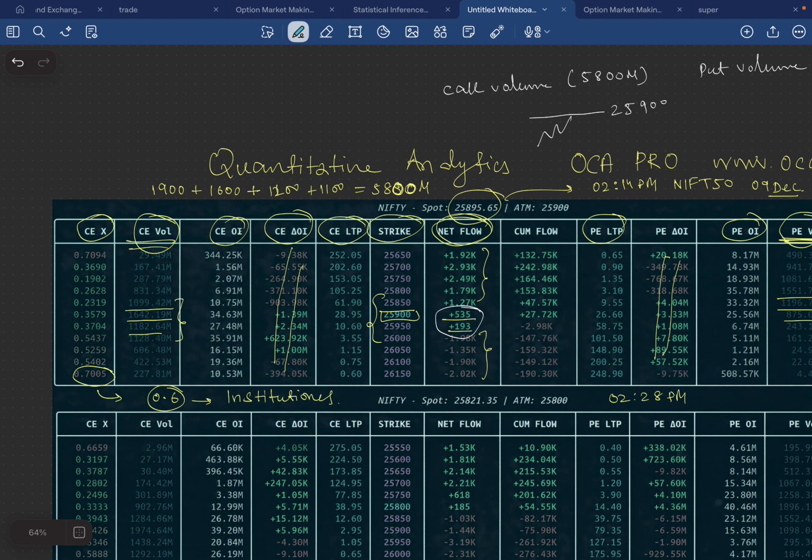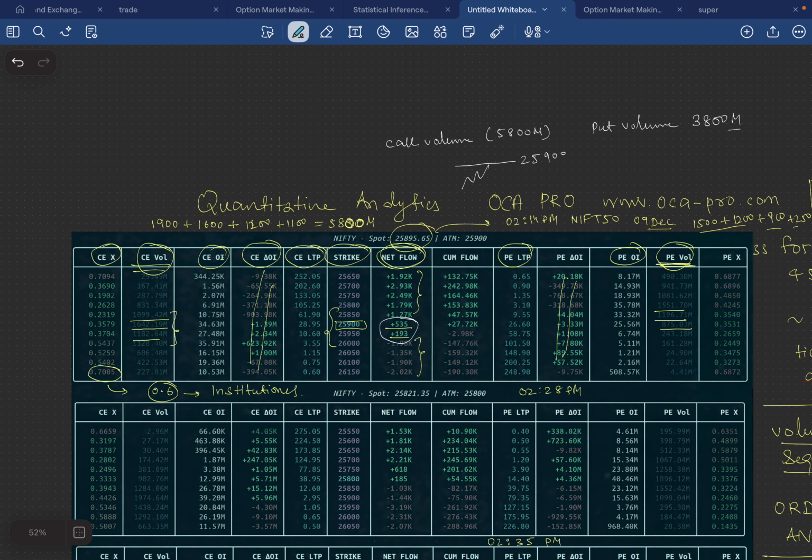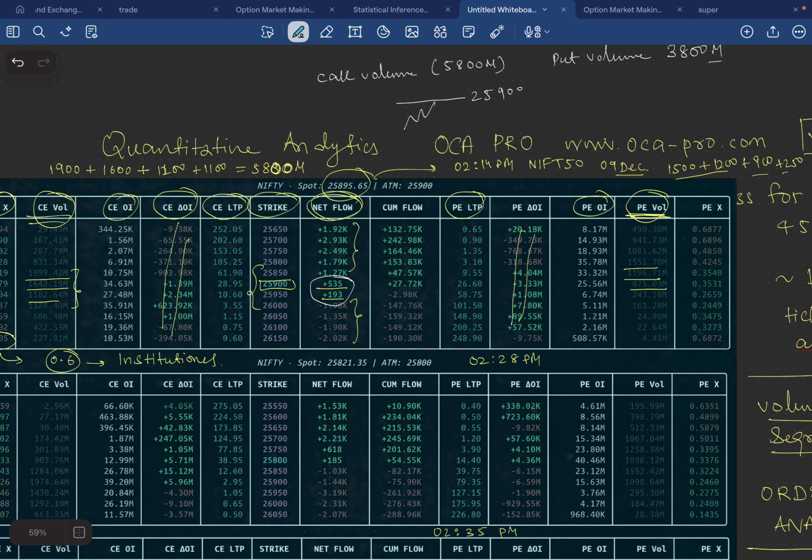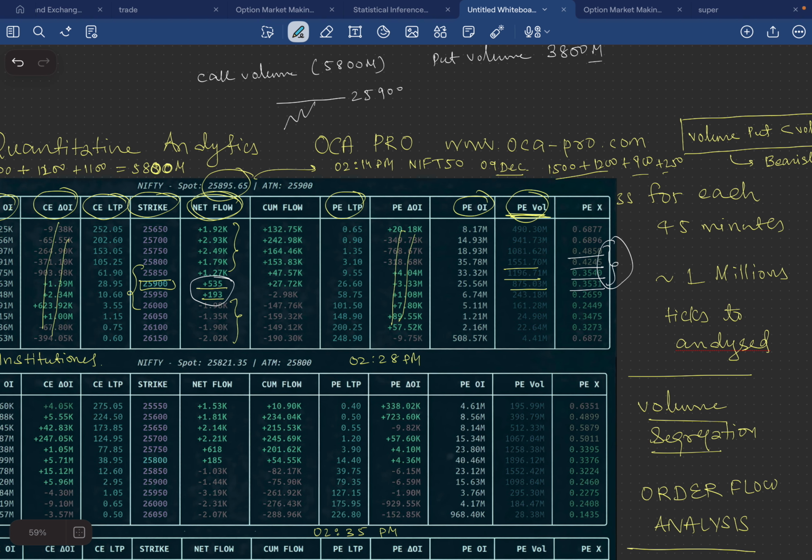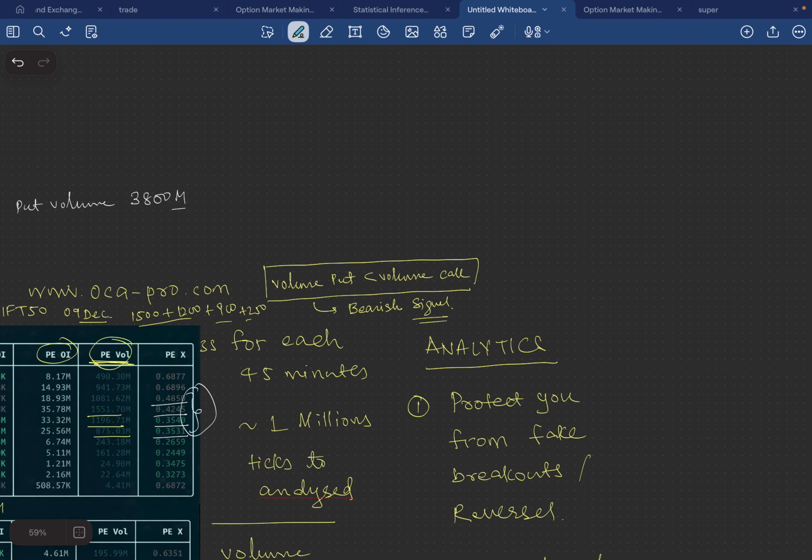Then you notice one very important part: you can see that this x factor of the put, which is around 0.35, 0.35, 0.42, 0.48. Whenever the x factor for anything, call or put, it is the combined factor, is less than 0.6, you can call it a retailer-led or retailer-participated market.